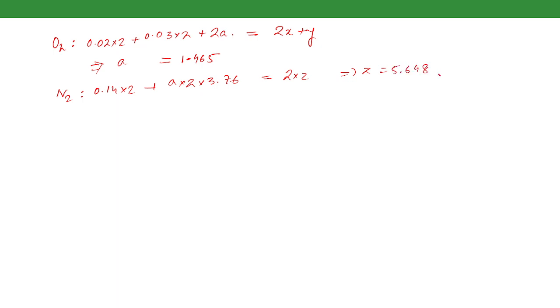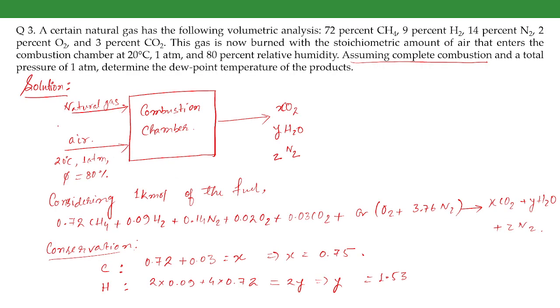Therefore, now in this we are considering only dry air first.